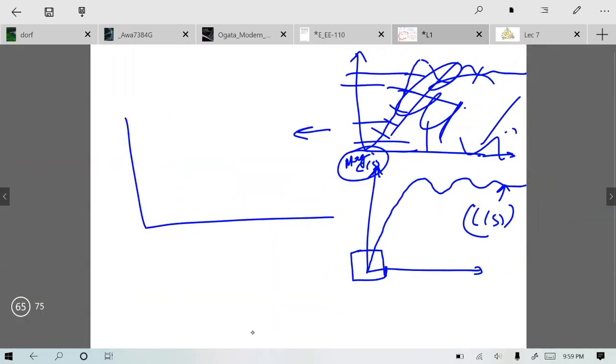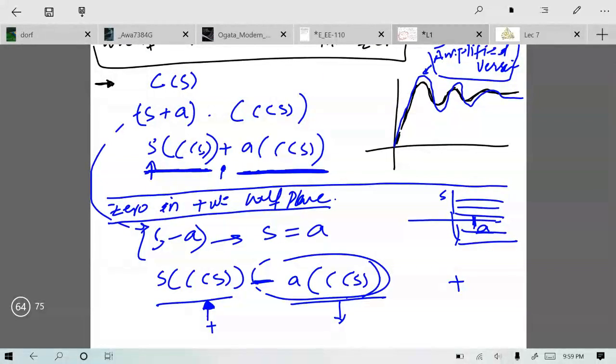So initially the overall result is positive. However, gradually the slope is decreasing whereas the magnitude is increasing. So there will be a time when both terms would be equal, because the slope of C of S is gradually decreasing and the magnitude of C of S is gradually increasing.